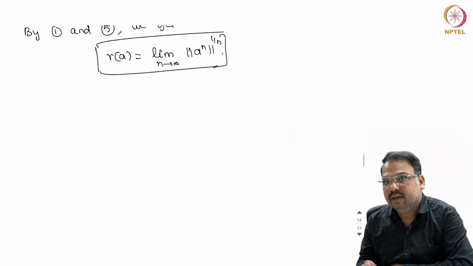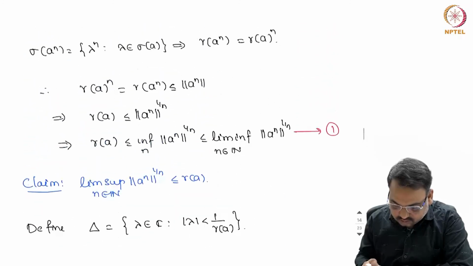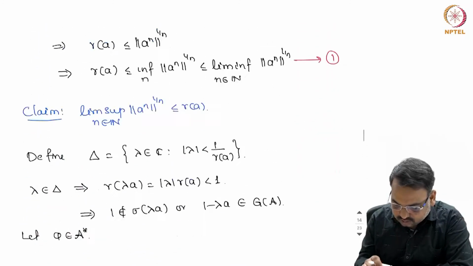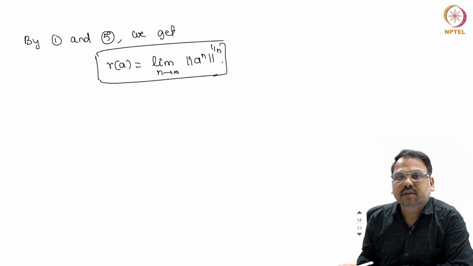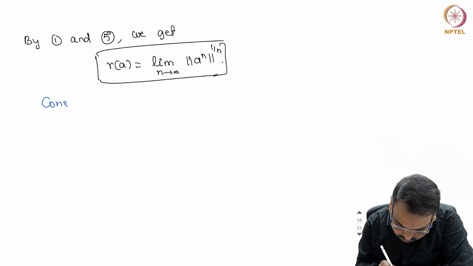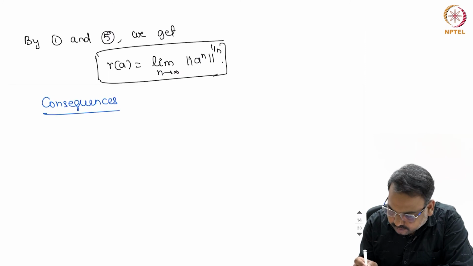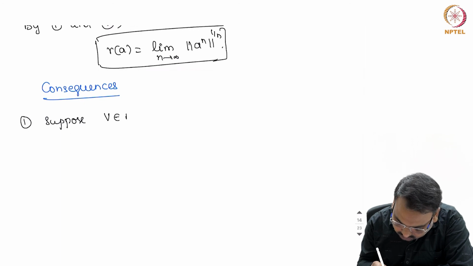Okay, now we have proved the spectral radius formula. Now using this we can get some important consequences. Suppose V is an isometry.